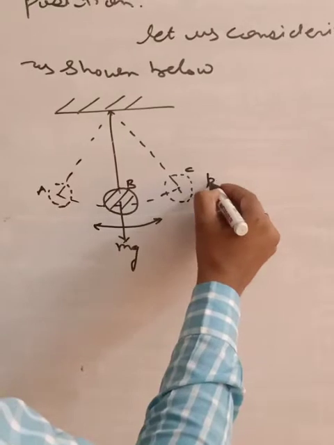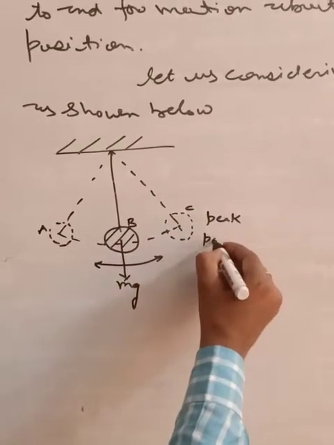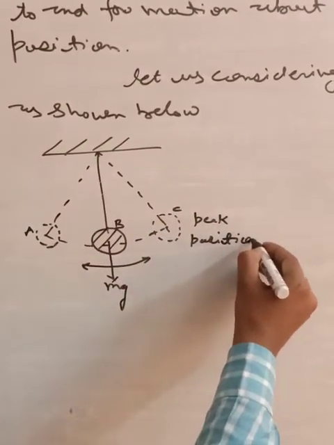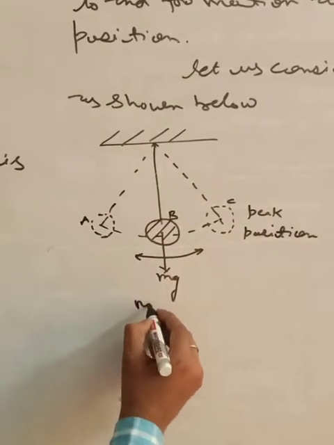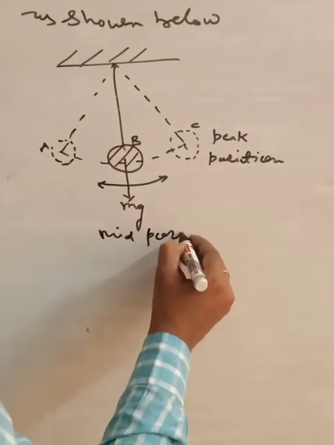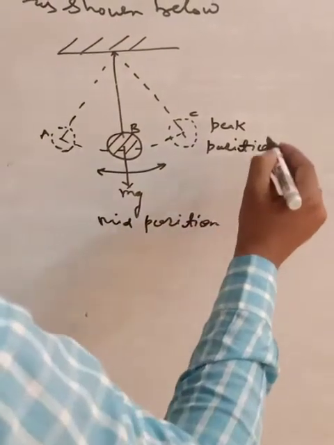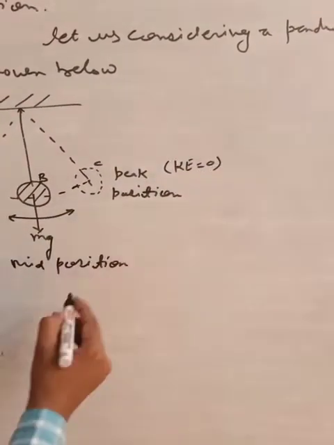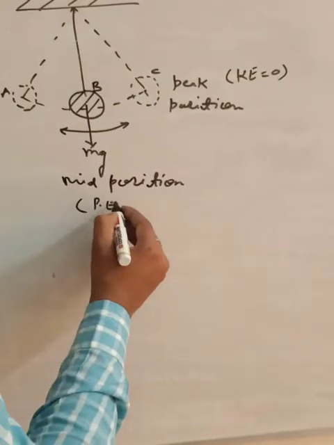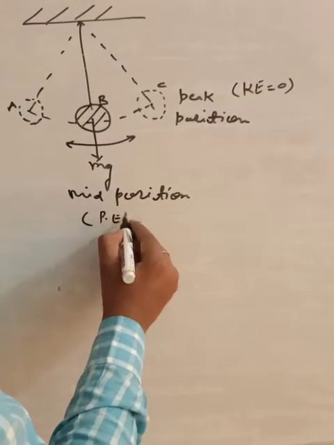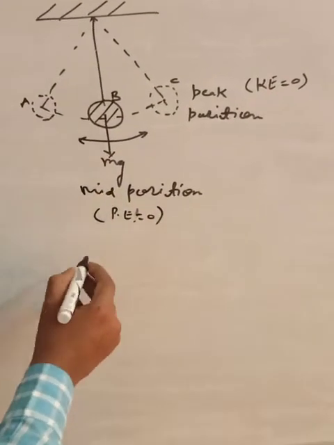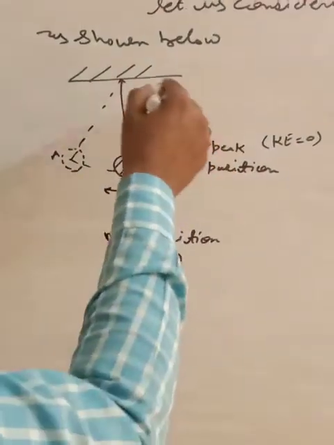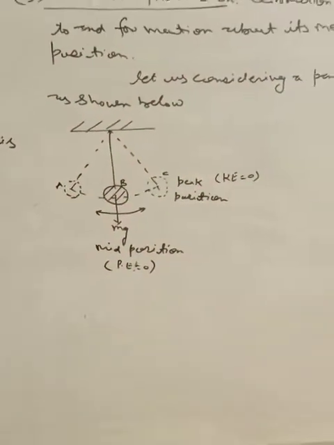This position is the peak position and this position is the mid position. At the peak position, the kinetic energy is 0. At the mid position, potential energy is 0. This is an example of vibration phenomena.